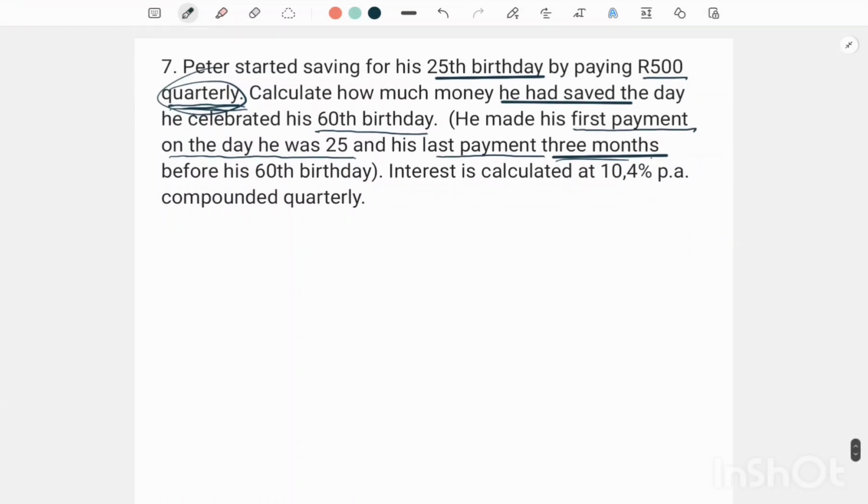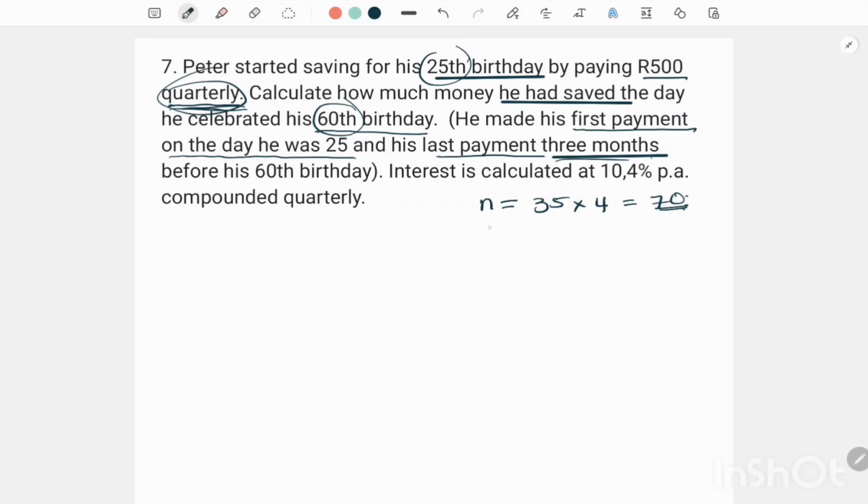All right, then we have future value. It means you must firstly find your N. 60 minus 25, N is 35, multiplied by 4. Remember, it's quarterly. Then 70 payments. Okay? You were going to add 3 if they said immediately in this case.